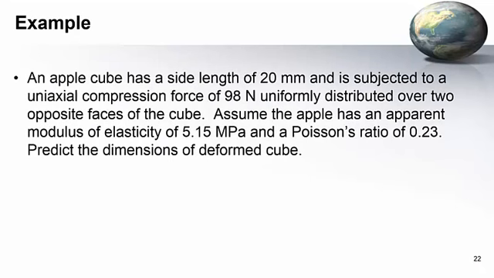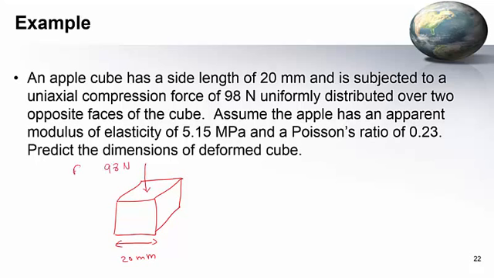An apple cube, so let's take a cube of side 20 millimeters that is subjected to a uniaxial compression force of 28 newtons, distributed over two opposite faces of the cube.